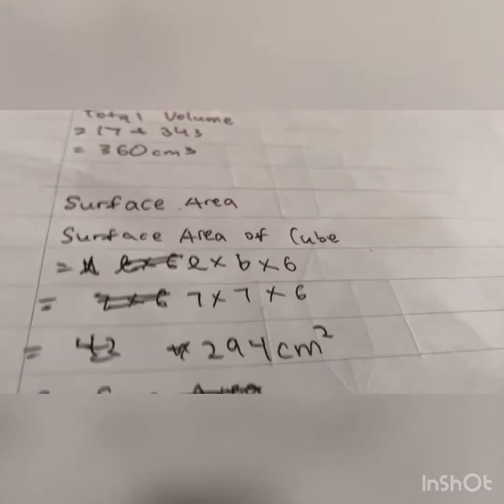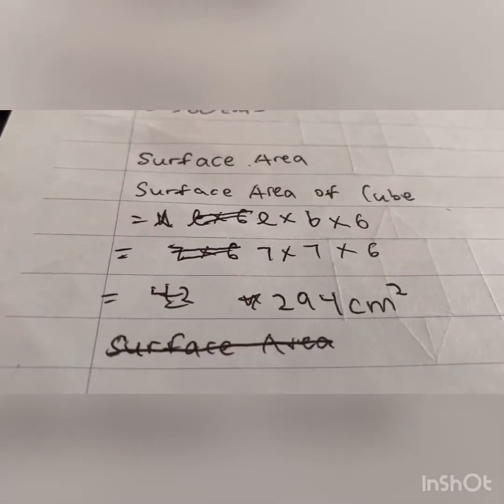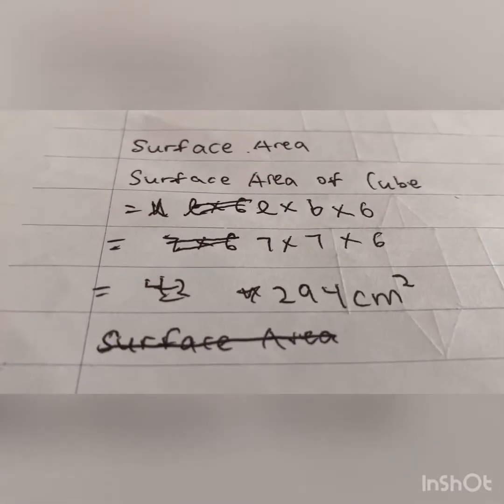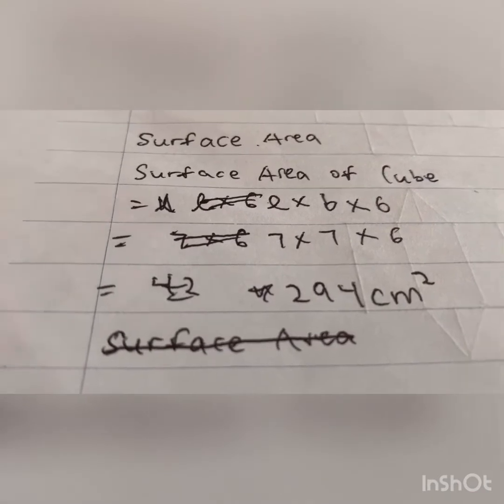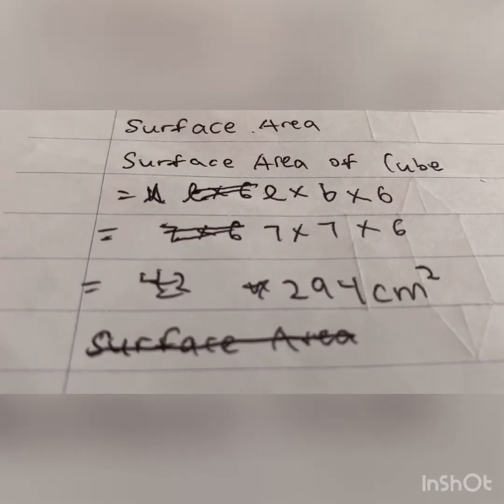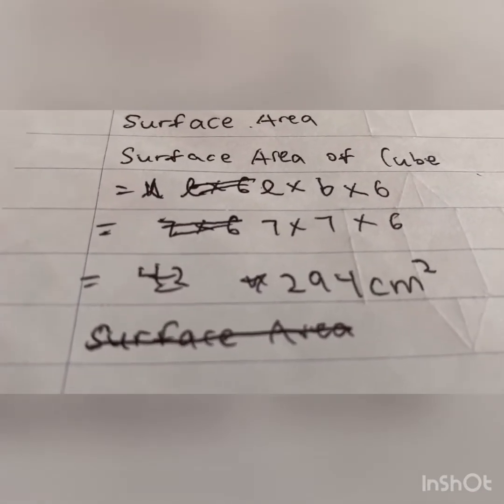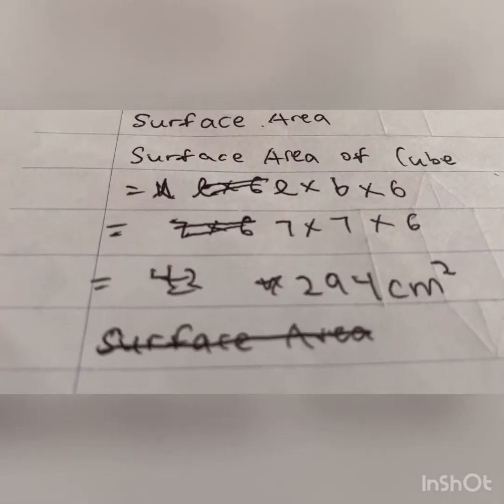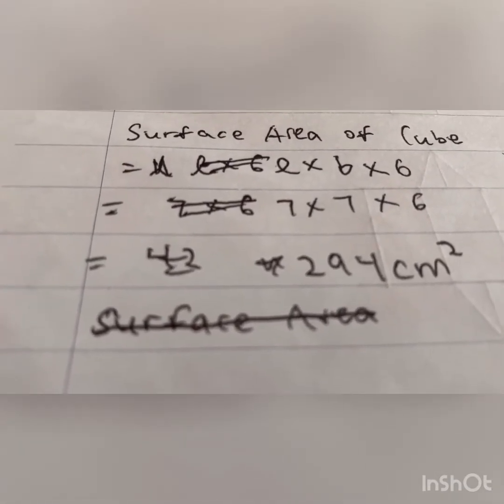Now, next up, we have to find the surface area of the cube. The surface area of a cube is length times breadth times 6. Since there are 6 sides, it's going to be 7 times 7 times 6, which is 294 cm squared.